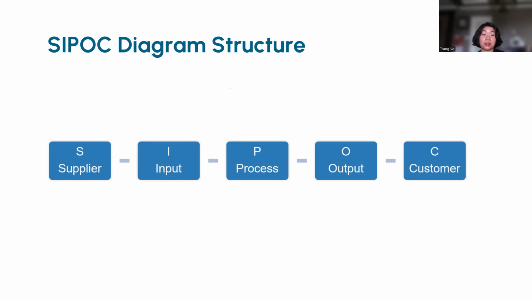Here's how it works. We usually start with the process in the middle, as we see on the slide. Pick 4 to 7 major steps, no more. Then we move to the inputs. What's needed to do that process? Then we ask questions like, who gives us those inputs?